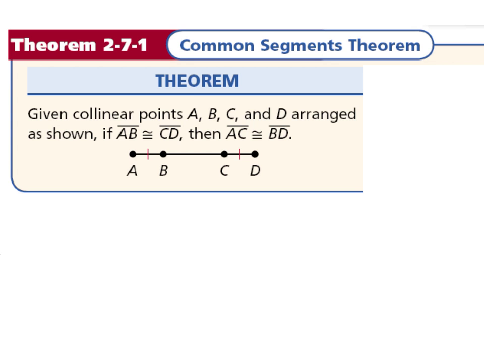So your hypothesis would be that picture and the fact that AB and CD are congruent. Now the conclusion: AC's length and BD's length will be the same.